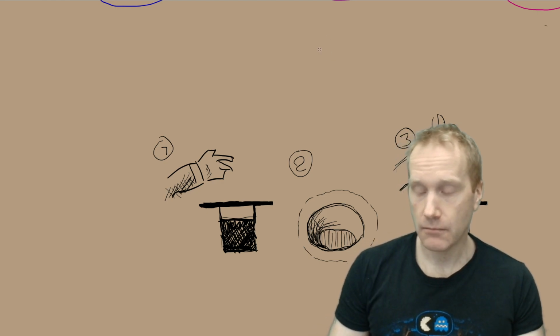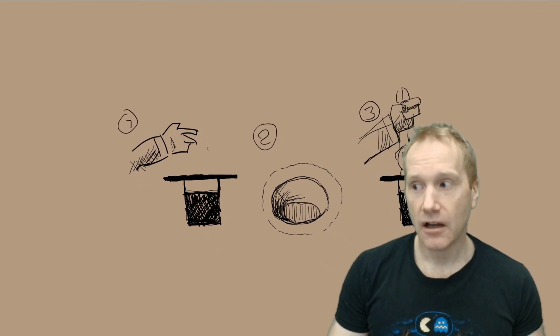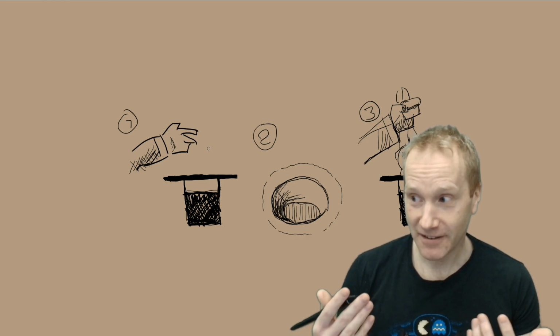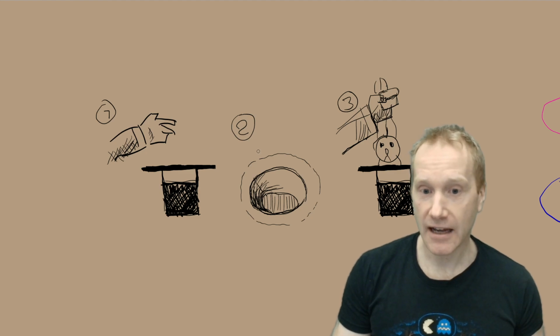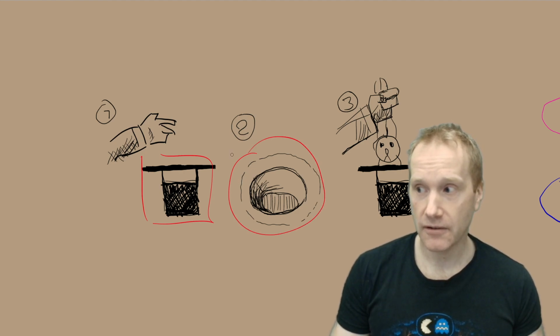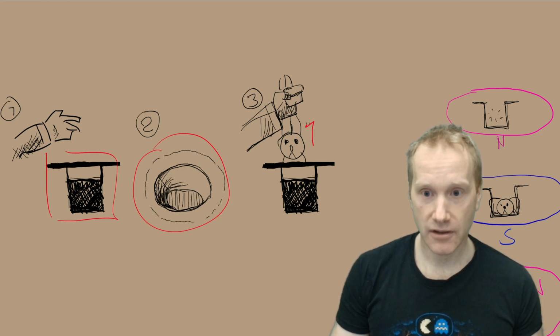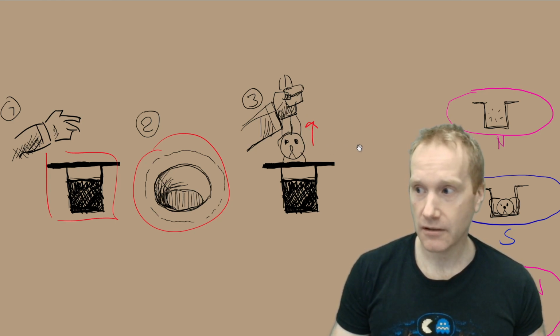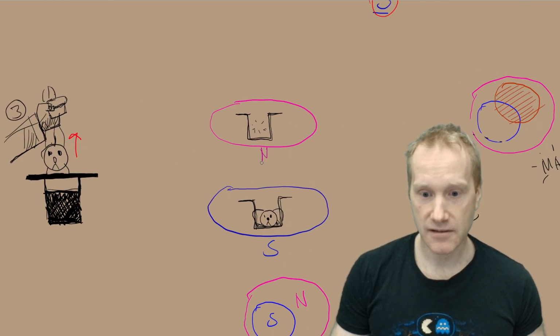Let's go over this magic trick here. The magician, in this case, presents a hat, showcases the hat to the audience and says there's nothing in the hat, and then proceeds to pull a rabbit out of the hat. We can think about this as being a narrative space and a system space.